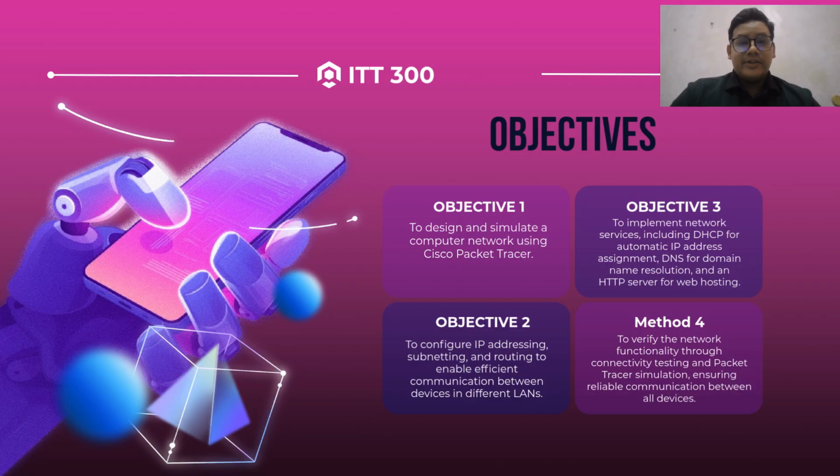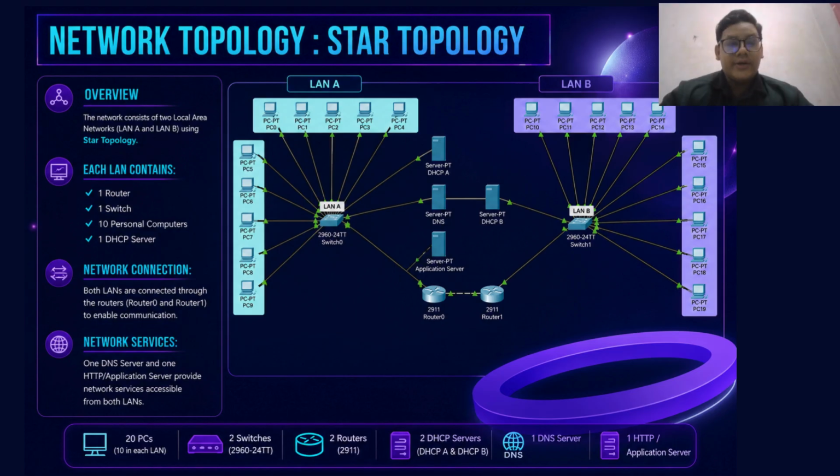In addition, this project applies IP addressing, subnetting, and routing to ensure efficient communication between devices across different networks. Finally, we verify the overall network functionality through connectivity testing and Packet Tracer simulation to ensure all devices and services operate successfully.